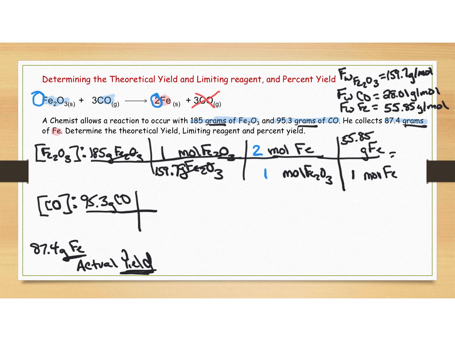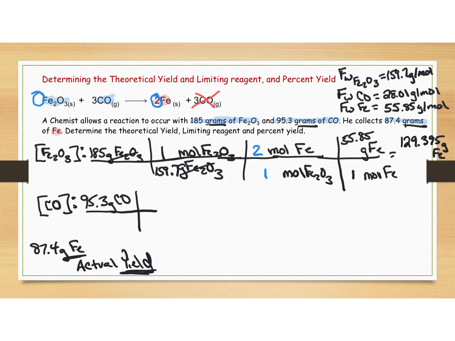So in my calculator, I'm going to put the 185 and divide that by 159.7, multiply it by 2, and then multiply it by 55.85. And I'm getting a number of 129.395. That's grams of iron.